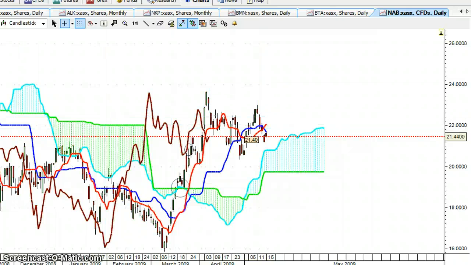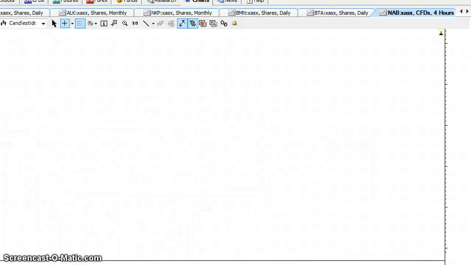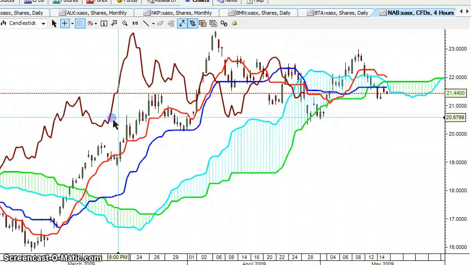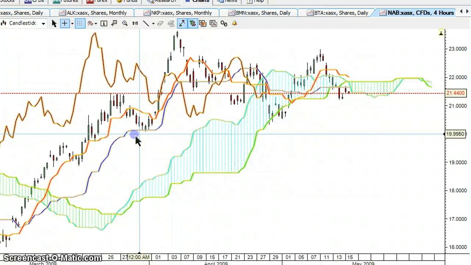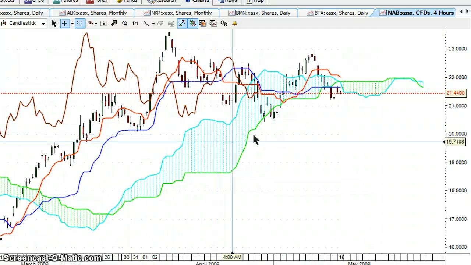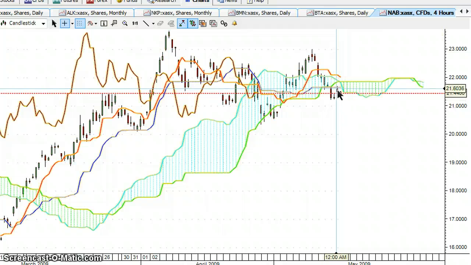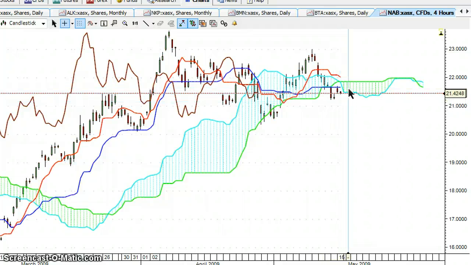When we come down into a 4-hour chart, since we're looking for new price action, this is now in a situation where price has got below the cloud. The blue line is below the cloud, but red is sitting above.